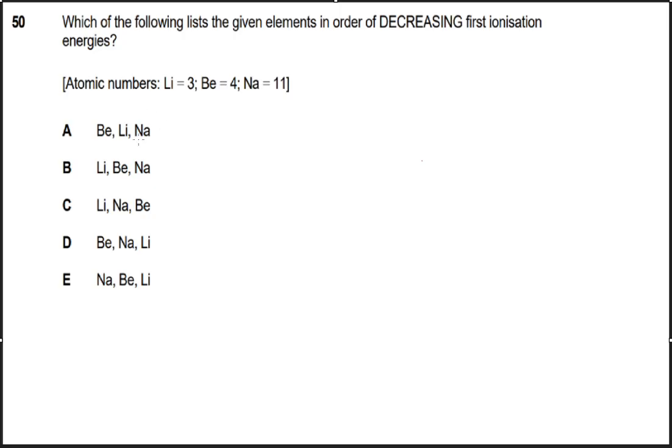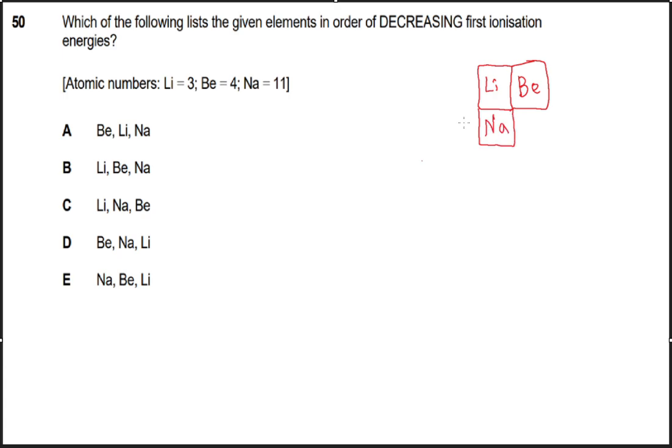So we know that lithium, beryllium, and sodium are all metals, so they belong to group 1 and 2. This is how it is: beryllium is on this side, and adjacent to it is lithium, and down is sodium.